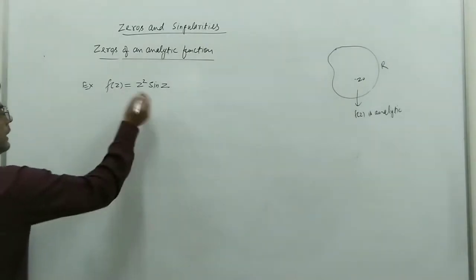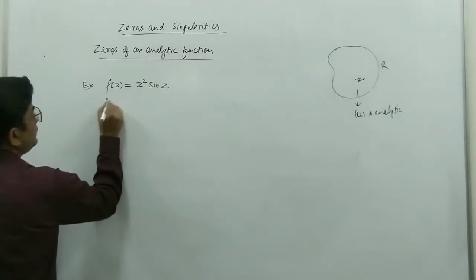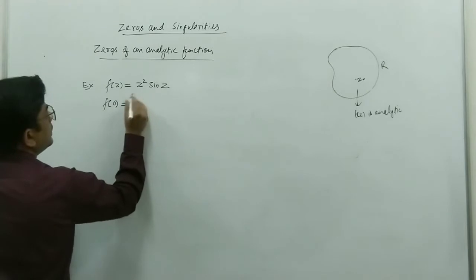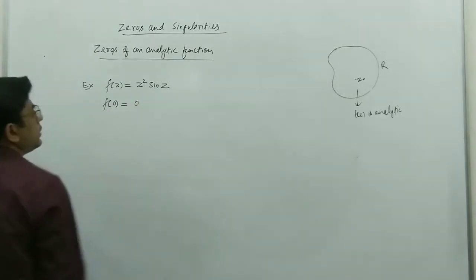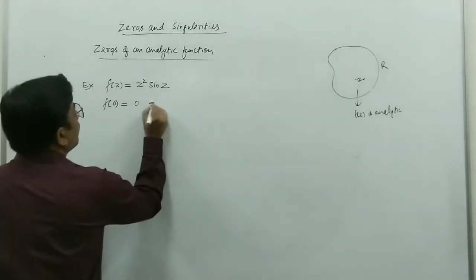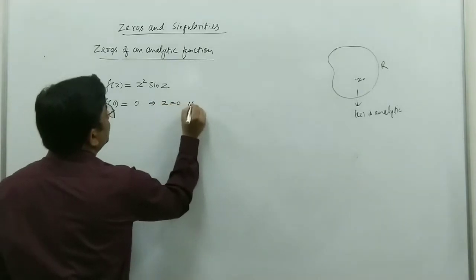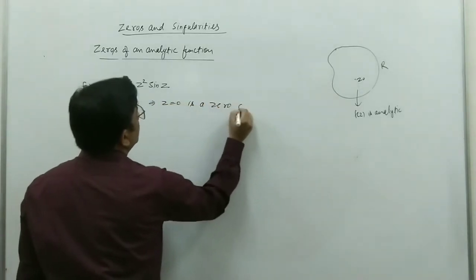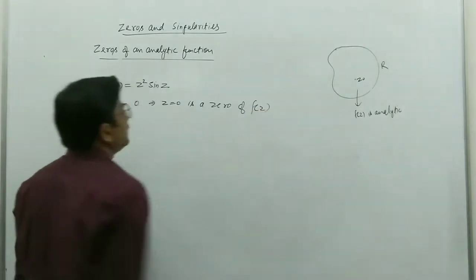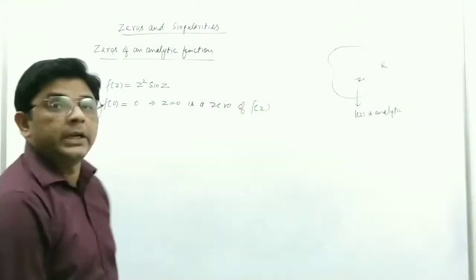If we put z equal to 0, f(0) is 0 into sine 0, that is 0. So z equal to 0 is a 0 of this function f(z), but we have to find its order.